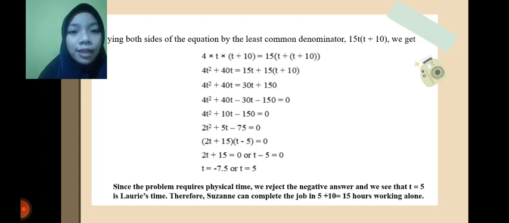Since the problem requires physical time, we reject the negative answer and we see that t equals 5 is Larry's time. Therefore, Susan can complete the job in 5 plus 10, or 15 hours working alone.